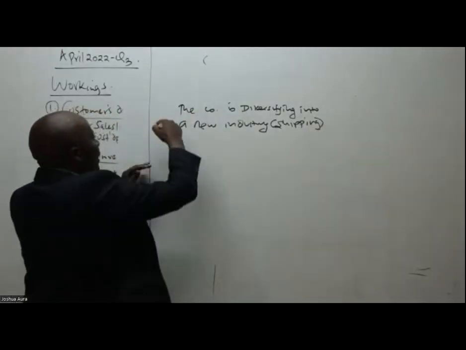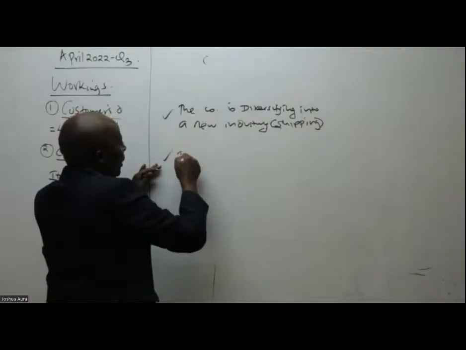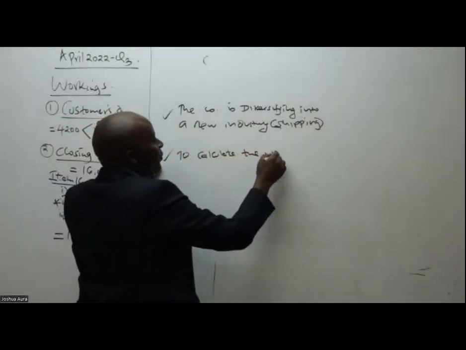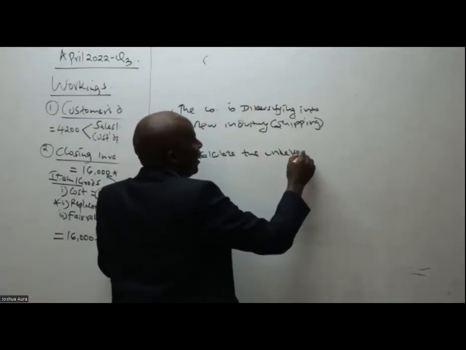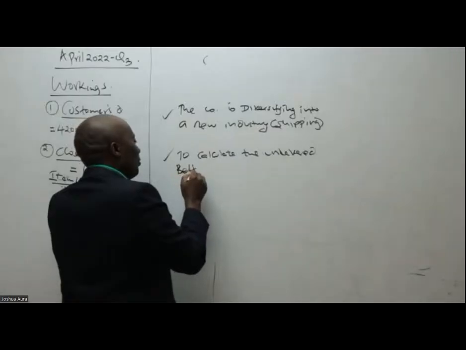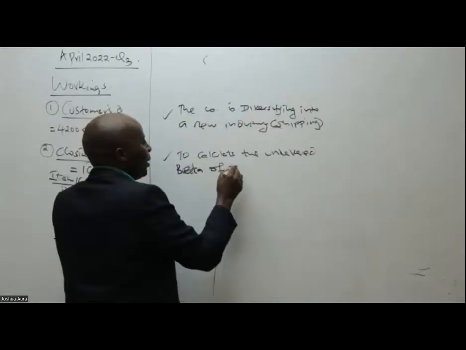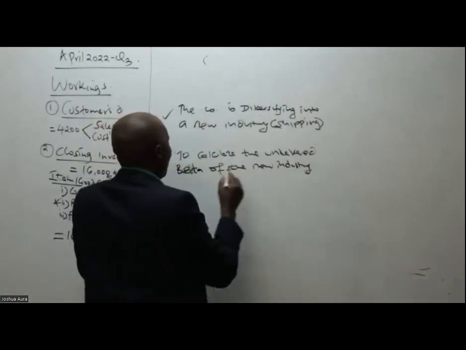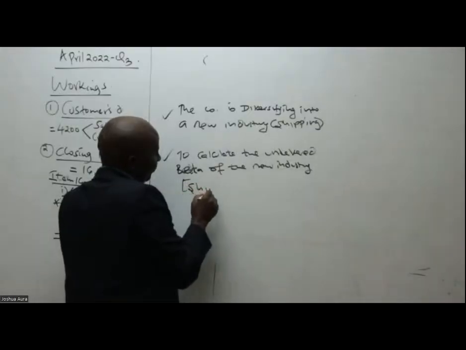So the first thing that I will do is to calculate the unlevered beta of the new industry, which is the shipping.